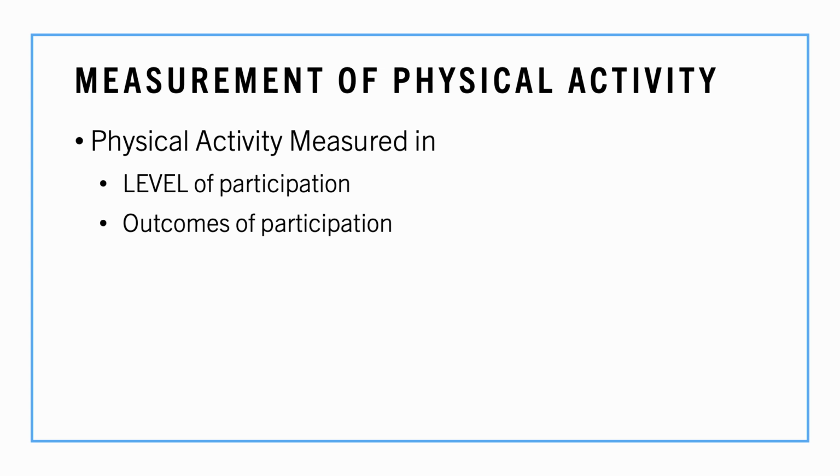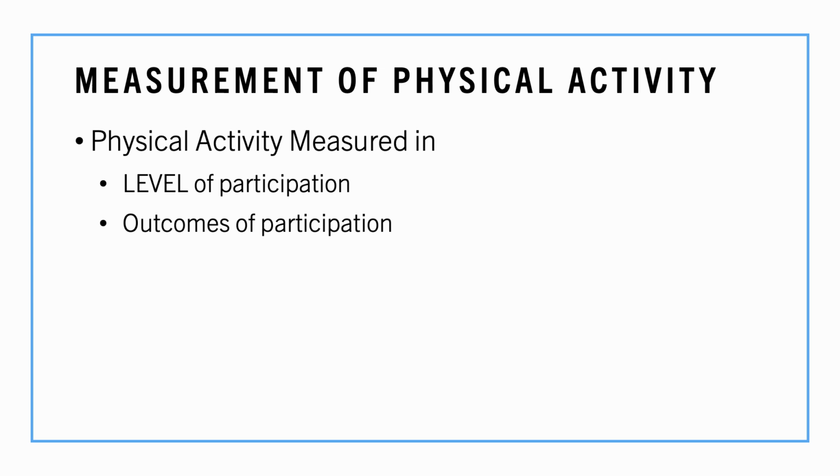So we look at the level and intensity of the activity. So that's how we're going to measure it. So it's level, the frequency is how often does somebody exercise, and the duration is how long are they active each time. So when we're writing our goal or our objective, that's what we're going to make sure that we're putting in there.